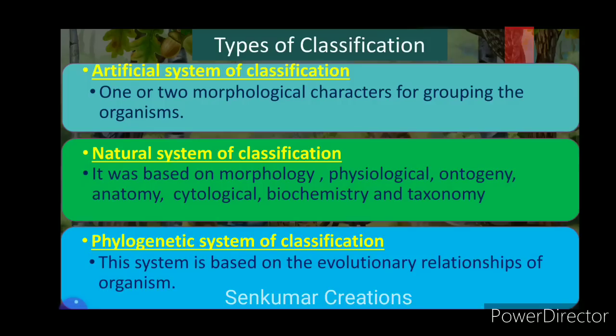Phylogenetic always indicates the evolutionary link. So the types of classification are artificial, natural and phylogenetic systems of classification.